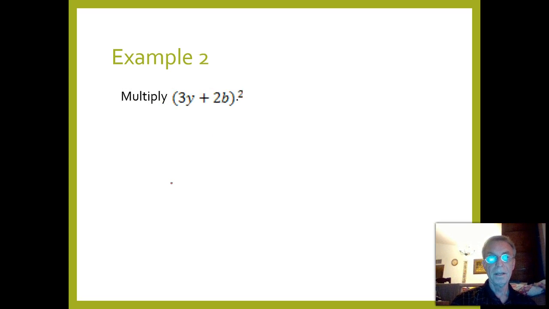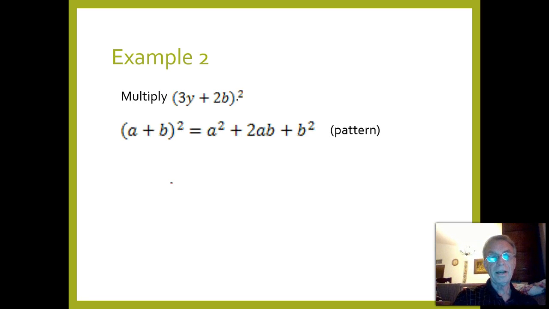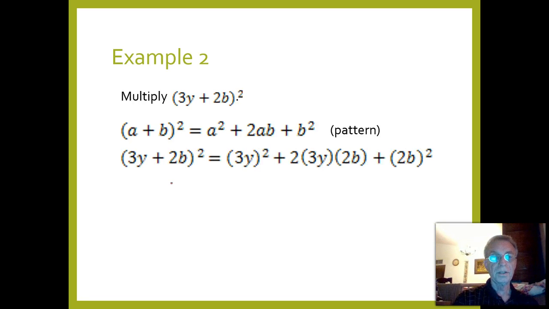Okay, example 2 is a little bit more complicated because this time they've got a bunch of numbers involved in it too, but it's still a plus b in parentheses squared. So we're going to use the pattern which says that a plus b in parentheses squared gives us the result a squared plus 2ab plus b squared. We're going to do just like we did before and take the parts.